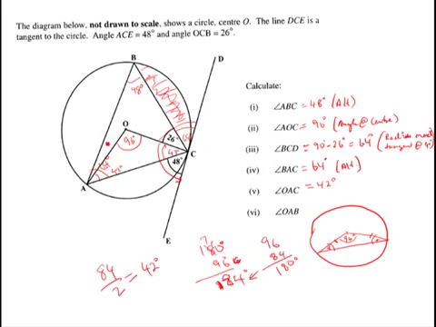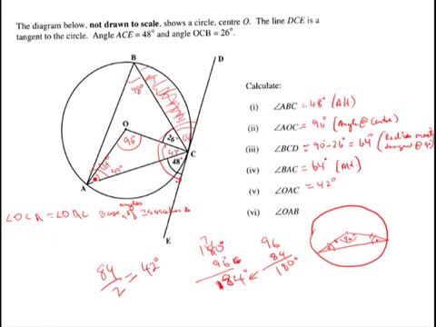So we're going to find OCA first. Angle OCA is equal to angle OAC, because these are base angles of an isosceles triangle, and they're equal.